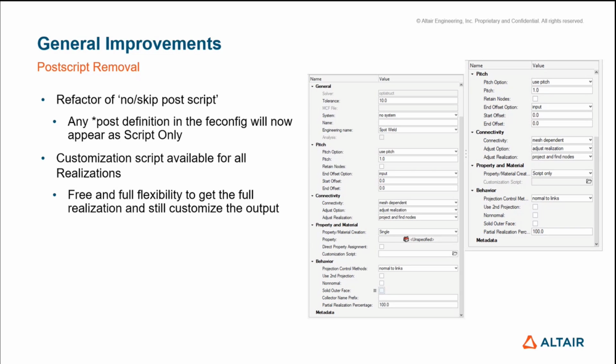You can now get that without having to script the whole thing. So it's really just a way of allowing you to automate the end tasks that you do post connector creation.